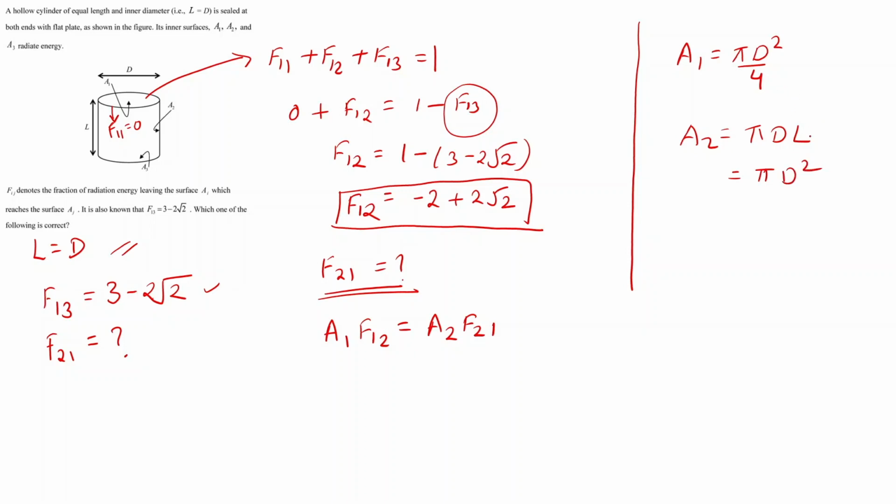We will just replace the values of these two areas in this equation. This pi d square will get cancelled.